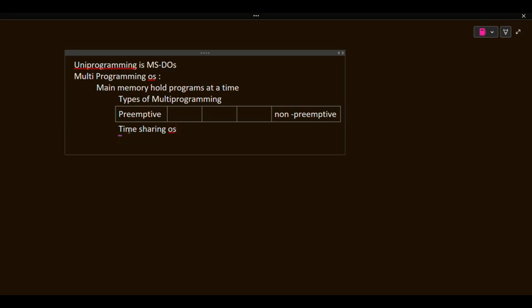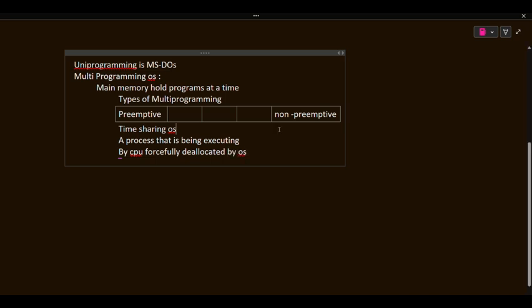In this, a process that is being executed by the CPU can be forcefully deallocated by the OS.